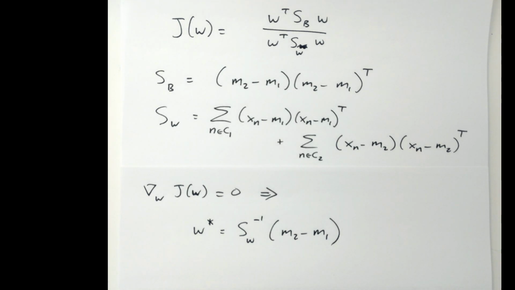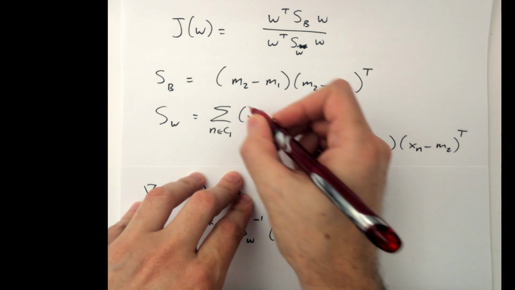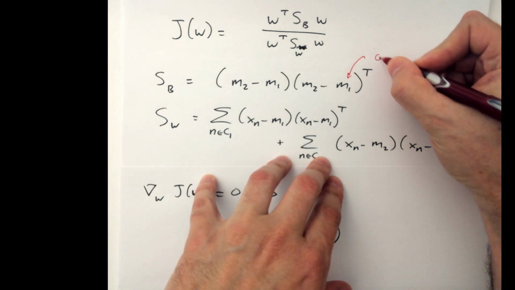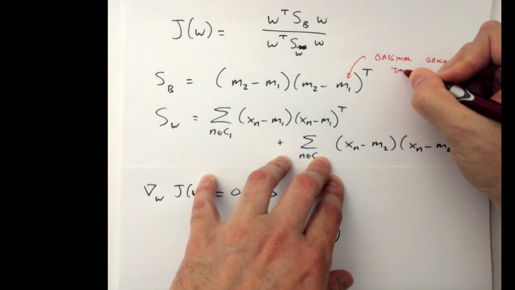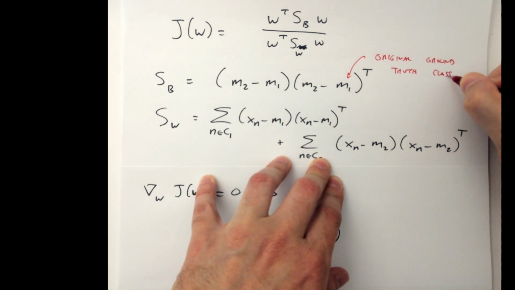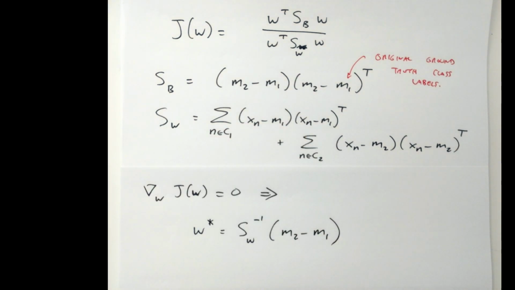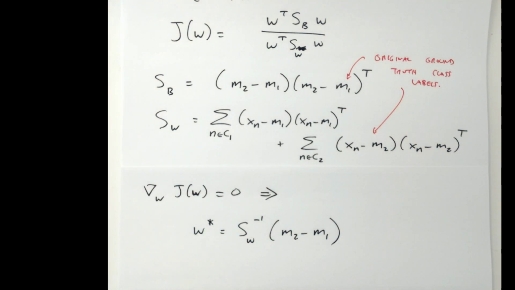So I already know these things; these come from the original ground truth class labels. All this stuff is actually coming from the original ground truth class labels. So I already know which points are black and which points are red, right?